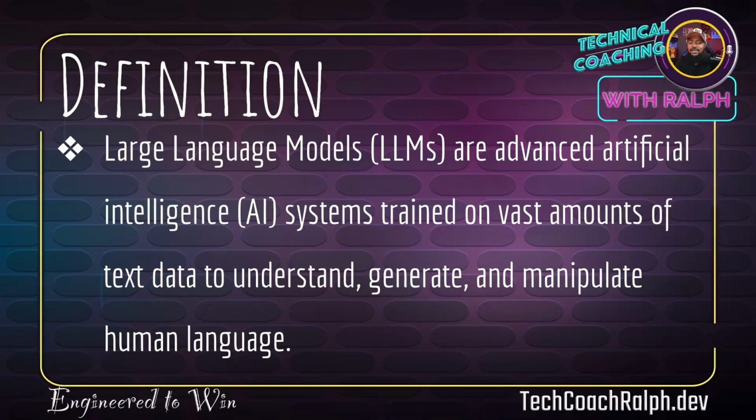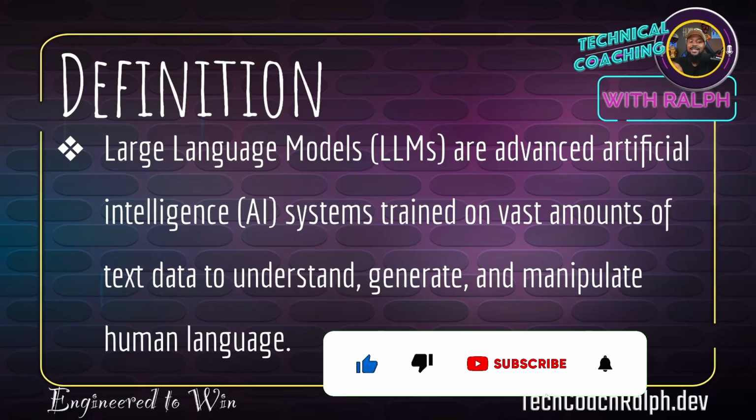When I say vast amounts of text data, when we did our first episode on the first of the year going through large language models, the 3.2 version of Ollama was 20 gigs. I tried to download the 3.3 version and it was 42 gigs. If you think text data is not that big, for 20 gigs of text data, for 42 gigs of text data, that is a lot of information.